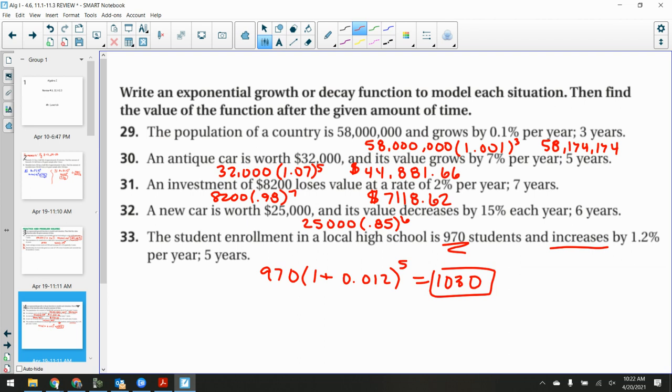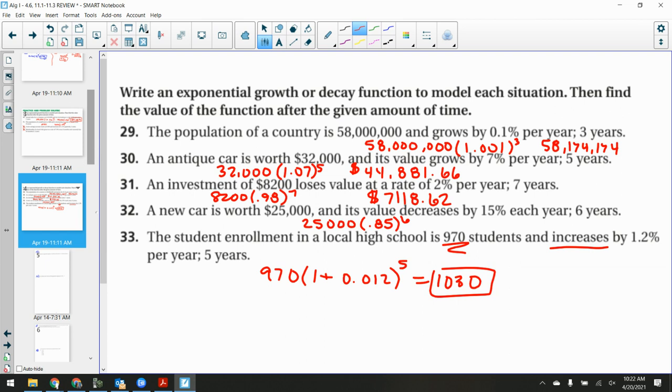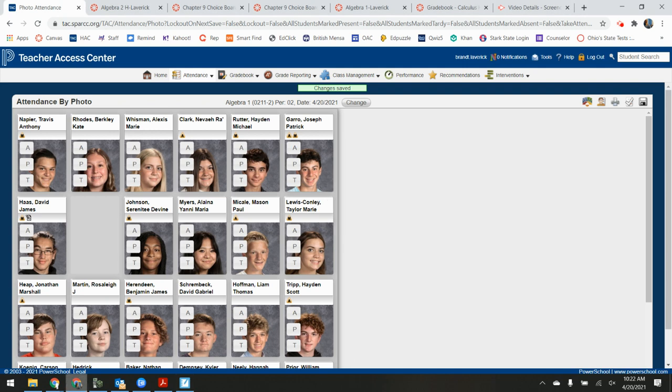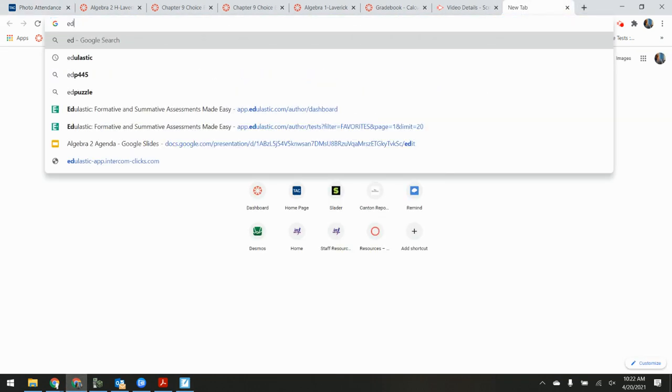All right. I'd like everybody to get out their computers and go to Edge Elastic. If you've not gone to Edge Elastic before, you can just Google Edge Elastic and get it up on my end.